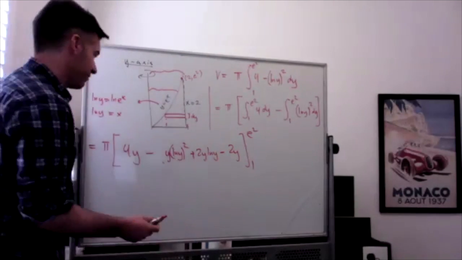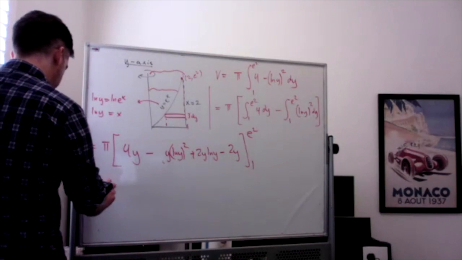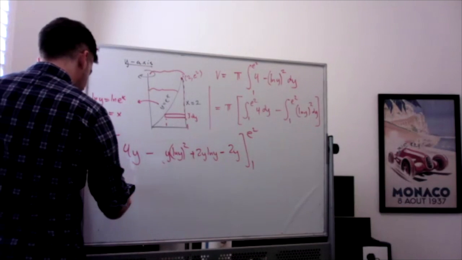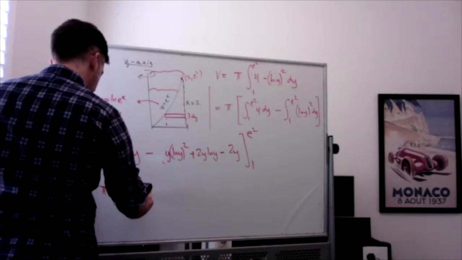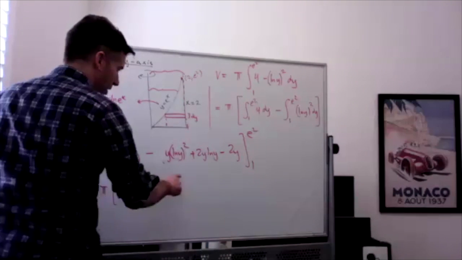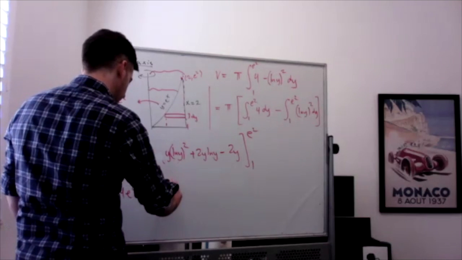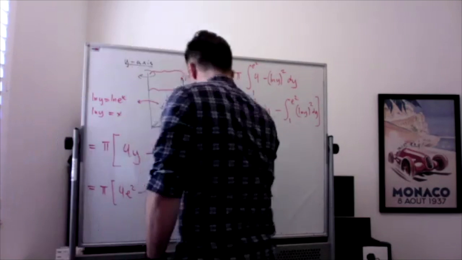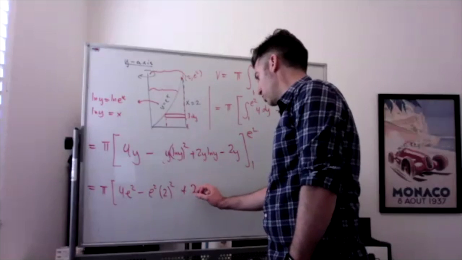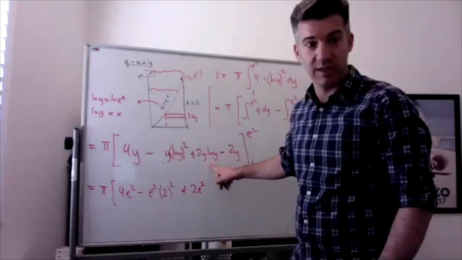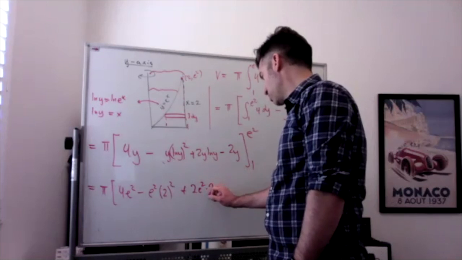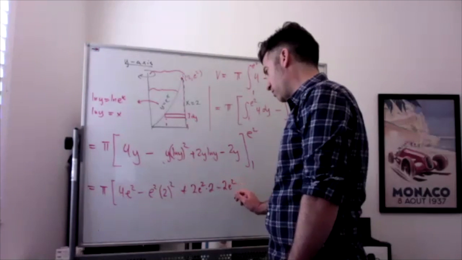And then we plug in. So we get pi times 4e squared minus e squared times the natural log of e squared, which is just 2, so 2 times e squared, plus 2e squared, minus 2e squared.